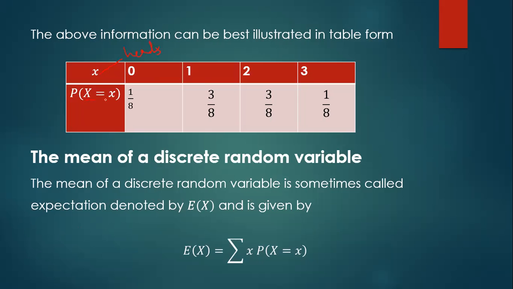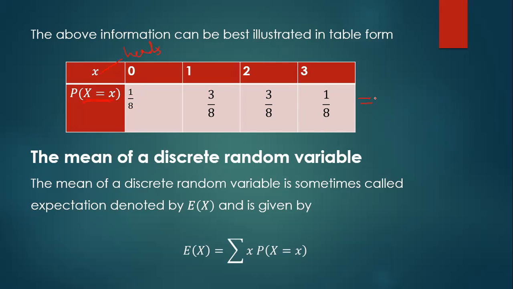Then we have the probability that this x is equal to a small x. For 0 heads, we said this was 1/8. For 1 head, it was 3/8. For 2 heads, it is 3/8. And for 3 heads, it is 1/8.